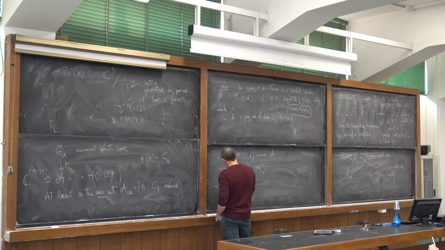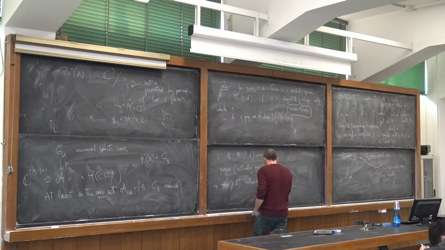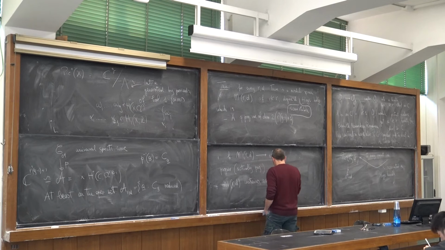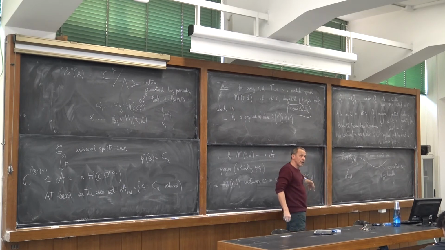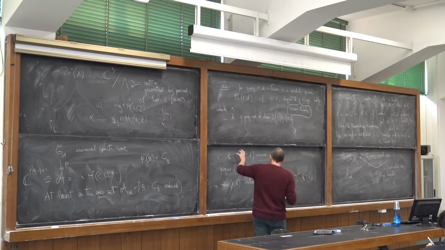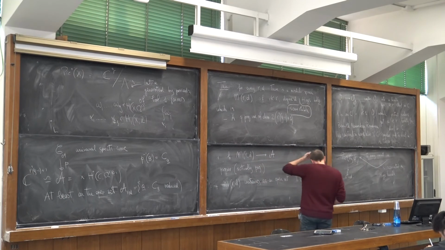Three, M_{R,D} contains as a Zariski open set the cotangent bundle of the moduli space of vector bundles. Remember, this was the first object I told. These are naked vector bundles, no Higgs structure. So this is some sort of a partial compactification of the cotangent bundle.